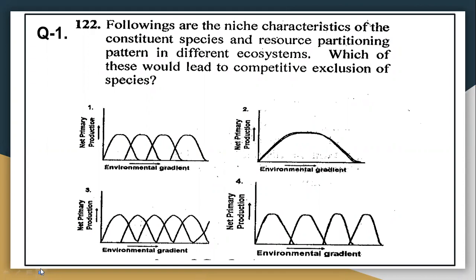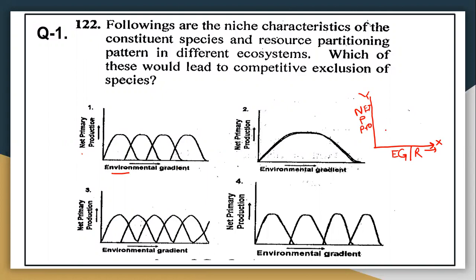Now here you can see that there is an environmental gradient on the x-axis, environmental gradient or resources, versus net primary production or utilization on the y-axis.